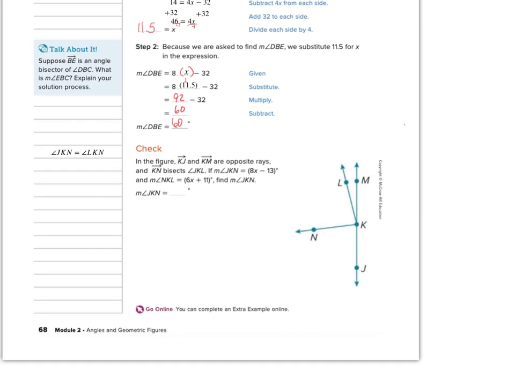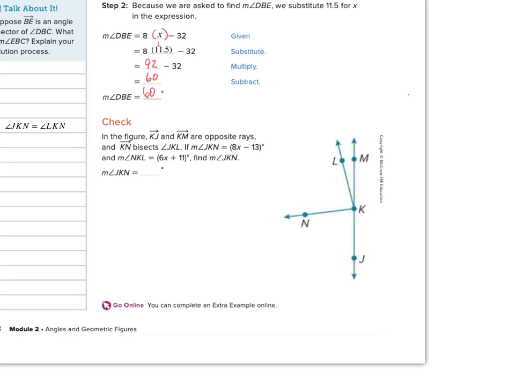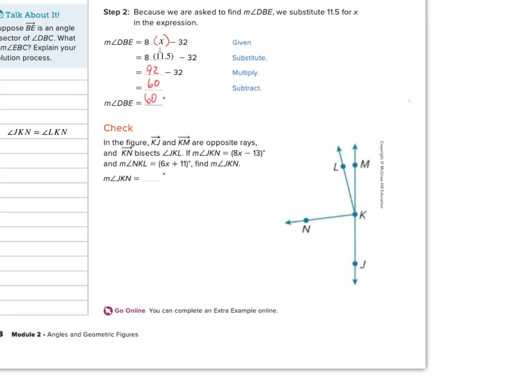Okay, so in our check, in the figure, again, it wants to tell us that KJ and KM are opposite rays, so we know that makes 180 degrees. We know that KN is a bisector of JKL, so this is the same as this.